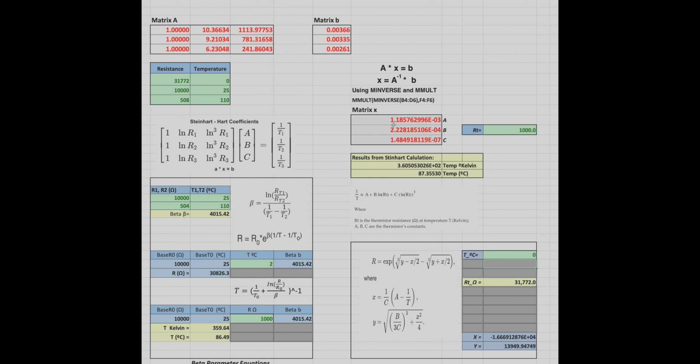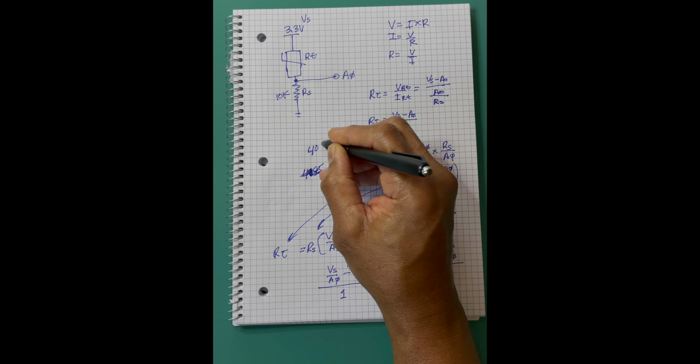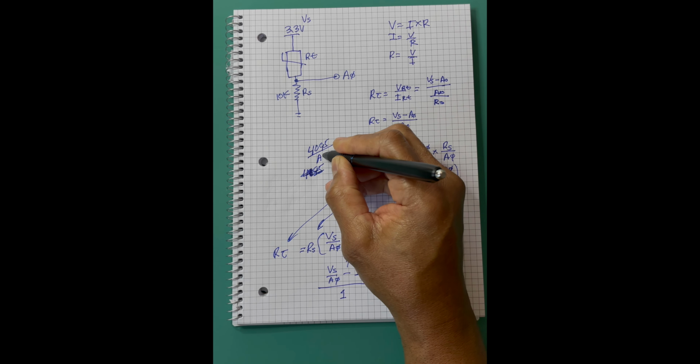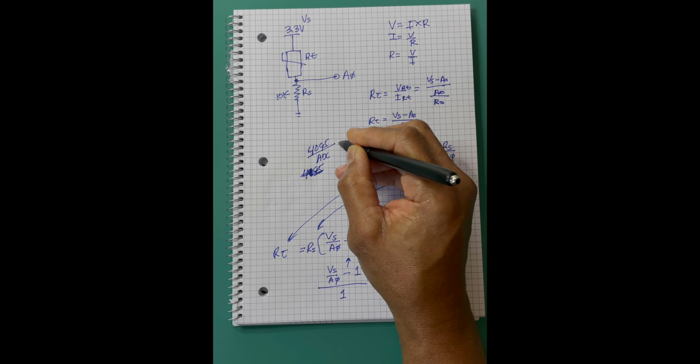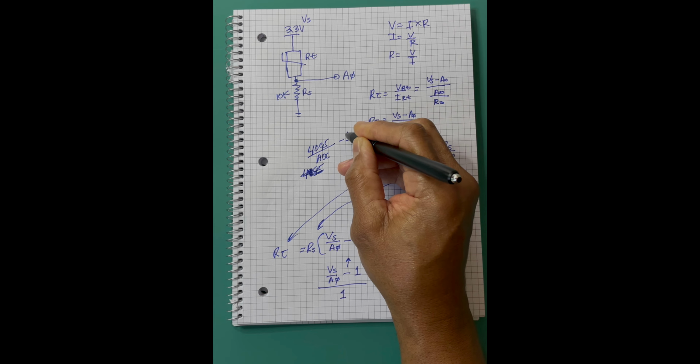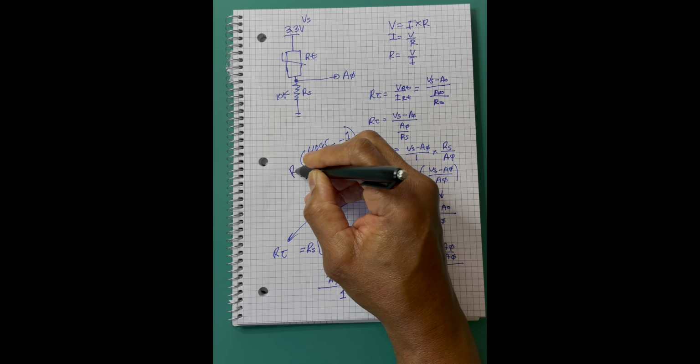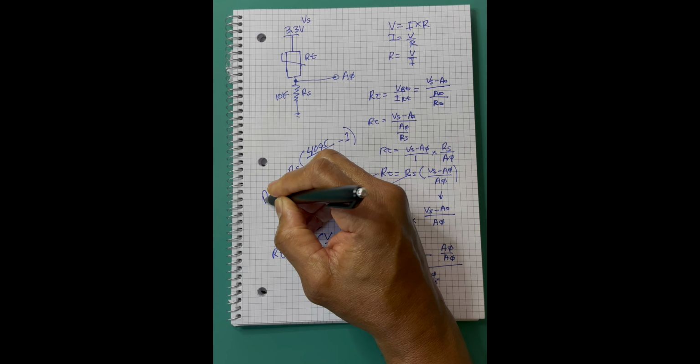So the top of that would be, in our case, 4095. 4095 over ADC value minus 1 times RS equals RT.